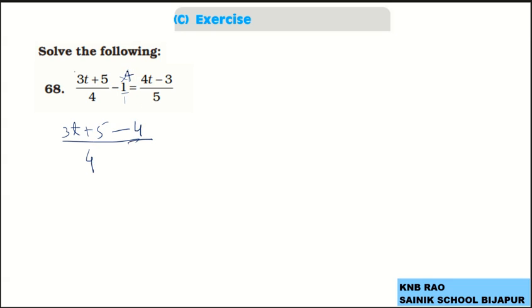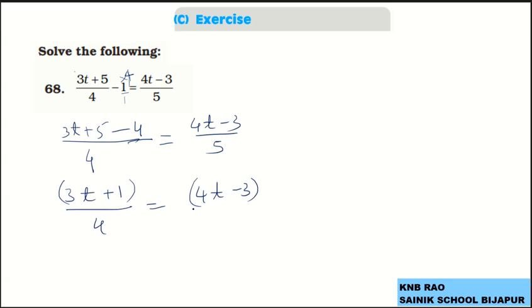So, 4 ones are 4 equals to 4t minus 3 by 5. 3t plus 5 minus 4, 5 minus 4 are like terms, we will get 3t plus 1 upon 4 equals to 4t minus 3 upon 5.